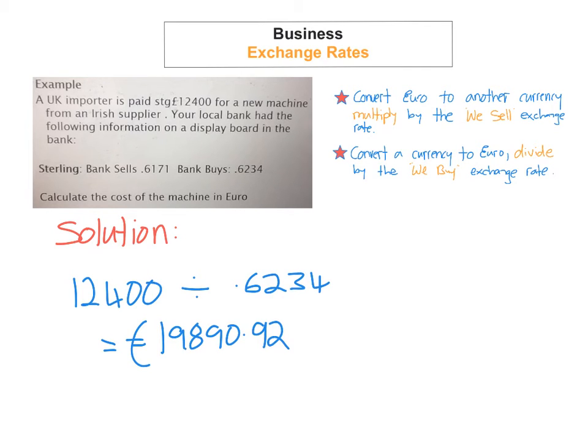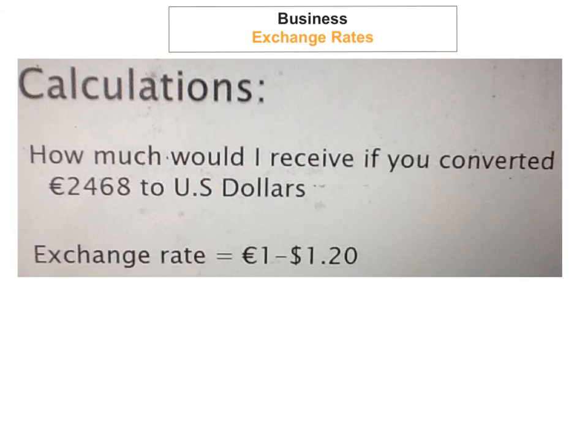So that basically tells me that if I want to buy a machine that's 12,400 in sterling, and I want to put that back into euro, it's going to cost me €19,890.92.